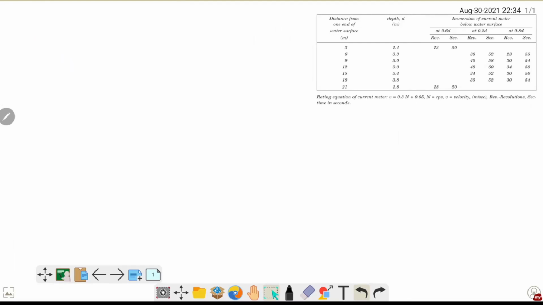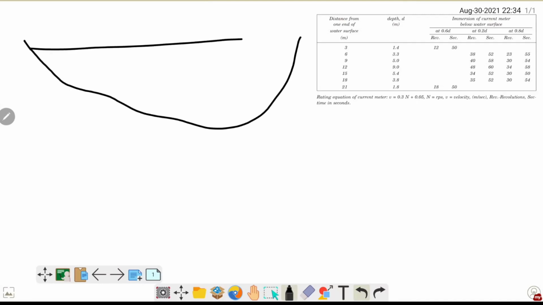You start by drawing a diagram so that it becomes very convenient for us to understand what is going on. So here it is, let's say this is the river. At a distance of 3 meter the depth is, let me write it here, 1.4.